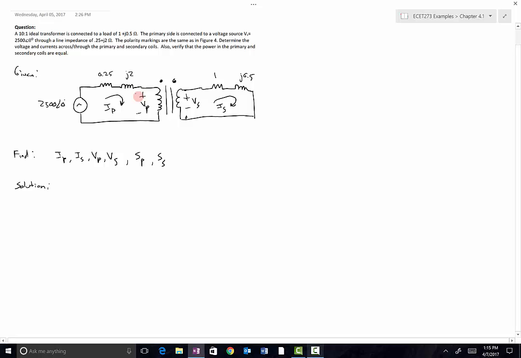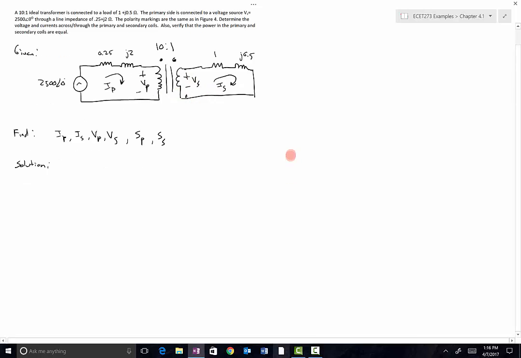There's a third equation that we have to use to solve this one, and that is that we have to relate the quantities in the primary side of the circuit to the quantities in the secondary side of the circuit using the turns ratio. Oh, I just realized I did not write the turns ratio here. That's a 10 to 1 transformer, so the NP over NS is 10 to 1 there. So anyway, we need to write these equations.